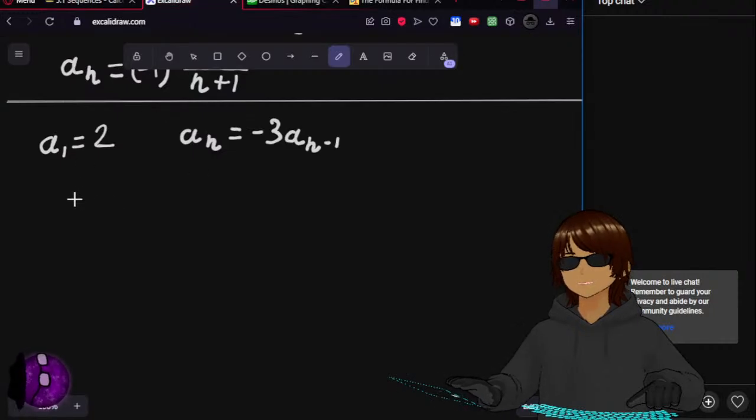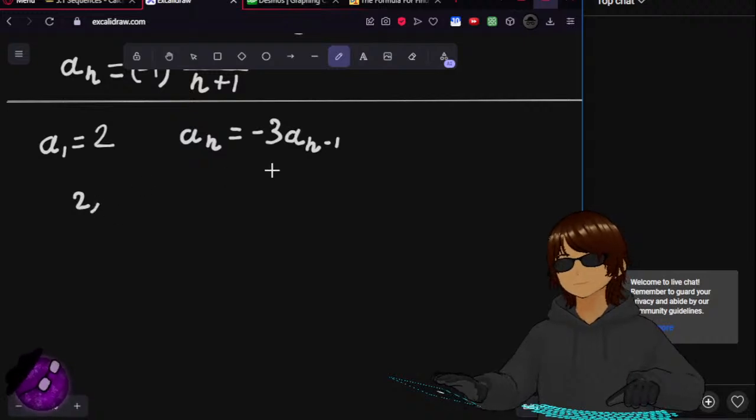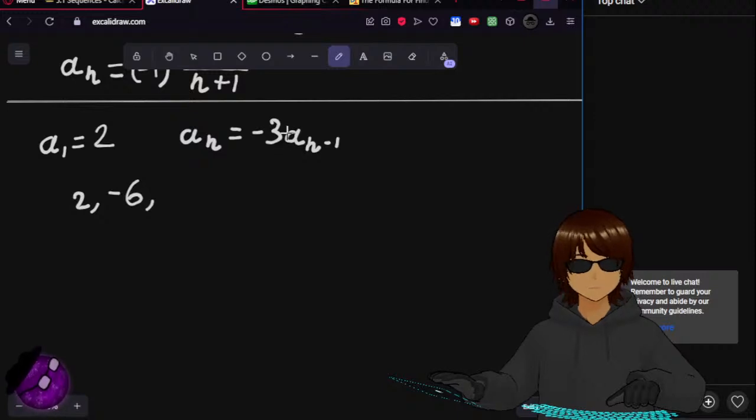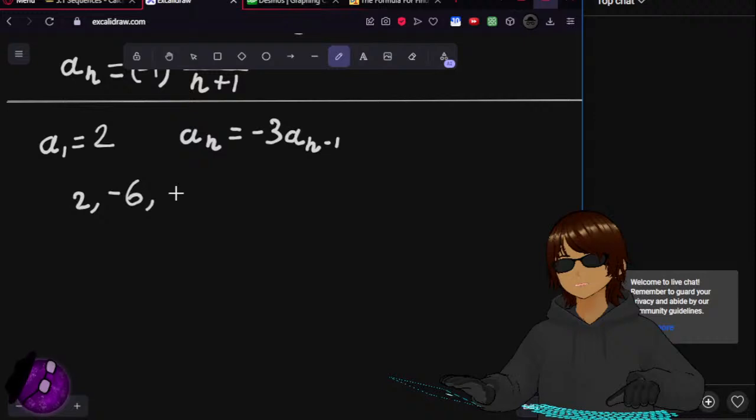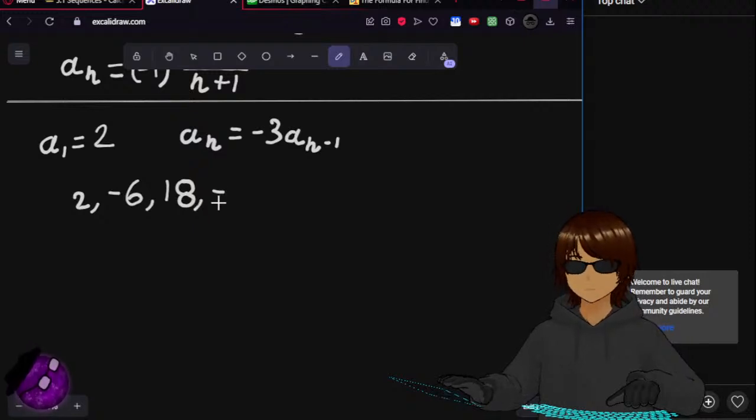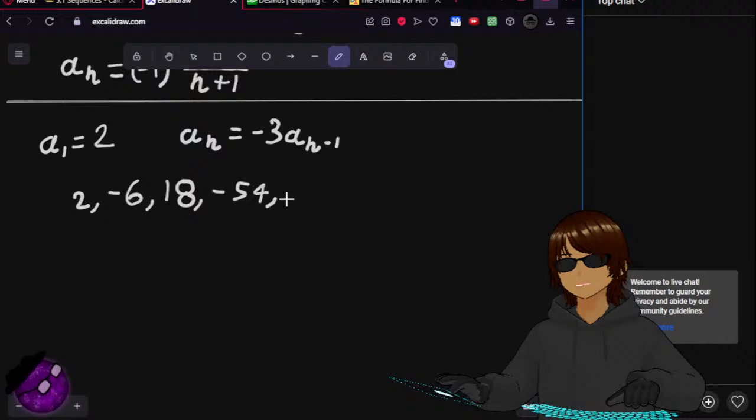Okay, so this would be 2, and then 2 times 3 is 6, then 6 times 3 is 18, but since there is a minus, and then 18 times 3, 54. Minus 54 and so on.